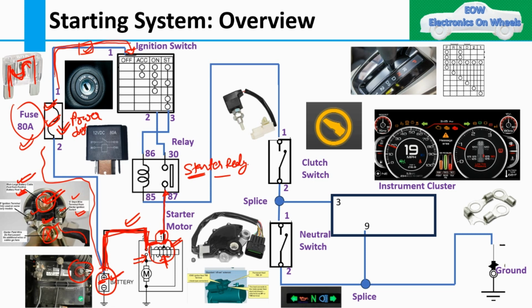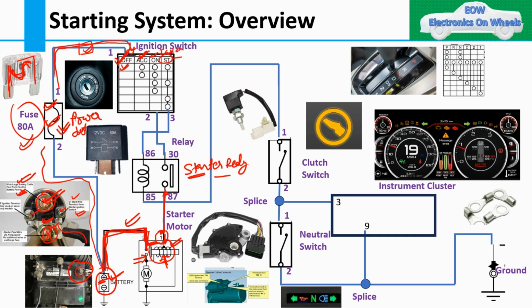Then we move to the ignition switch. As you know, I have already explained in one of the earlier videos the purpose of the ignition switch and what the positions are. The first position is off, where you are just inserting the key. Then there is off, you can say lock also. Then accessory, then on, which is nothing but ignition on.